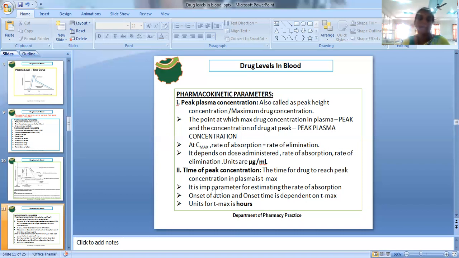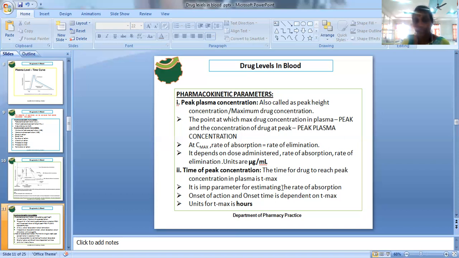These are the units. Now coming to the second one, the time of peak concentration. The name itself explains it: the time required to reach the peak plasma concentration Cmax is the Tmax, and it is an important parameter for estimating the rate of absorption and the amount of the drug that reaches the circulation.